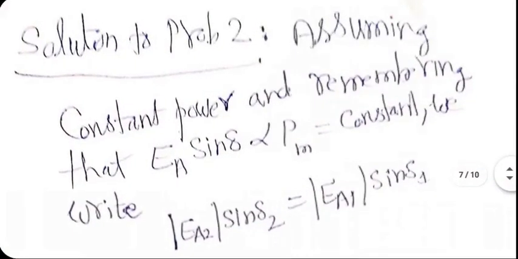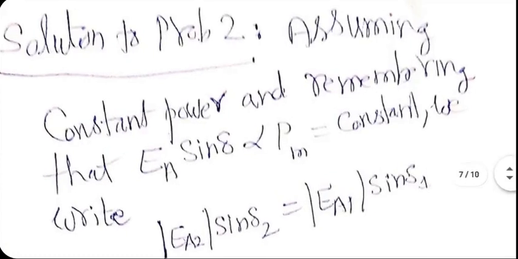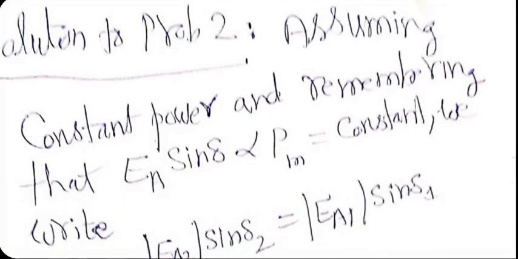Okay, so let's look at the solution. Assuming constant power, fine, fair enough. And remembering that EA sine delta, we are talking magnitude of EA here, is proportional to power. We have seen that already. Assuming terminal voltage is the same and current is the same because power is the same. This is the proportional behavior that you see for the output power or input power.